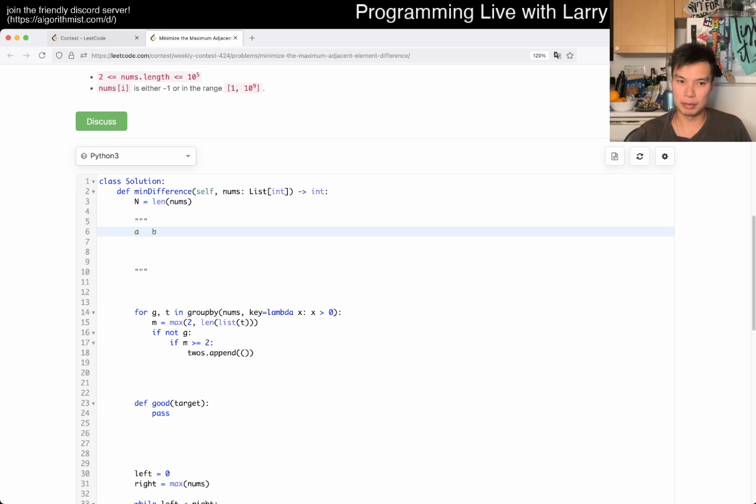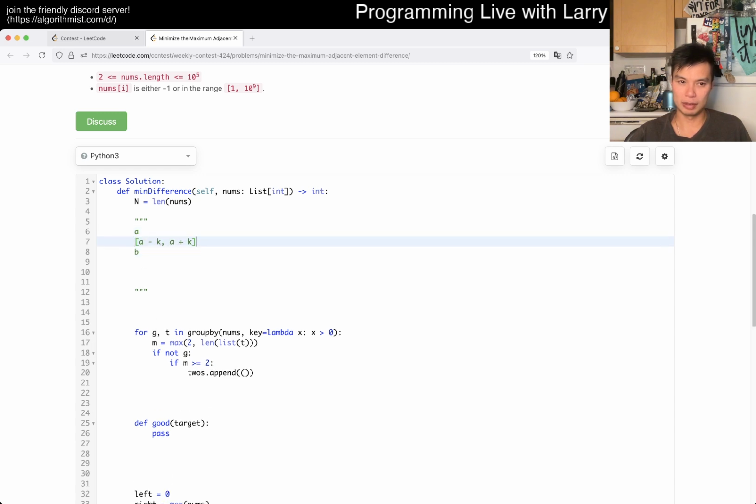Then if you have one number in between, then it's going to be the range A plus K for some target. Maybe A minus K, A plus K. And then intersection of this with B minus K, B plus K, something like that, right?